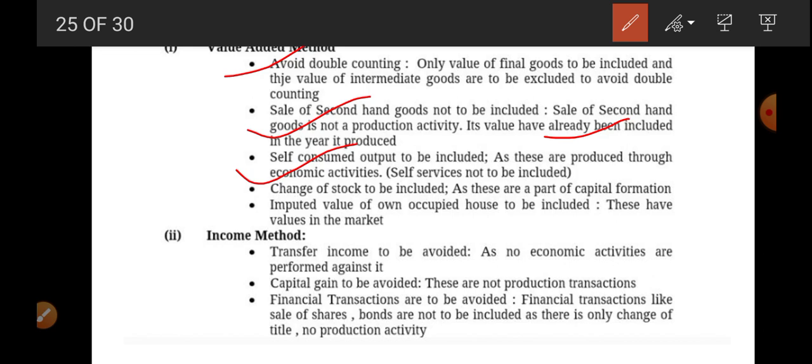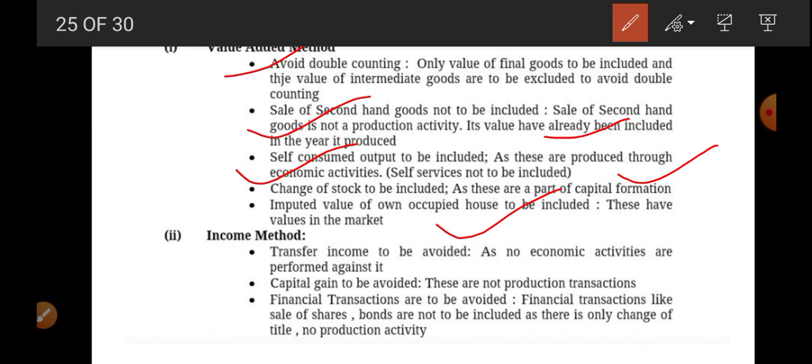Self consumed output is included, like a farmer produces wheat, so its imputed value will be added. Change in stock is to be included. Okay, why? Because it is a part of capital formation. Imputed value of own occupied house is also included.